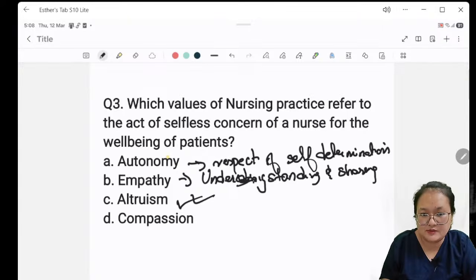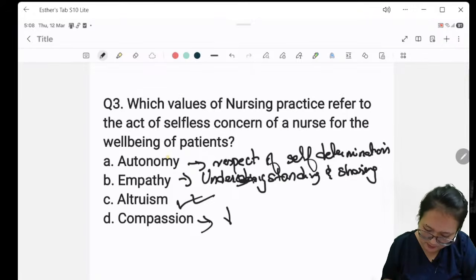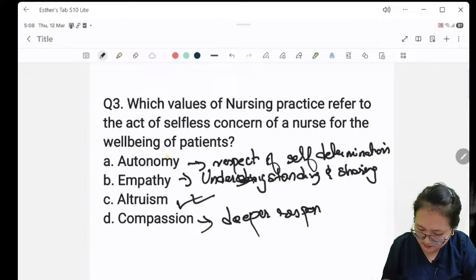And when we say compassion, it's a deeper response to the suffering of a patient, which is a combination of empathy and emotions. Then you get motivated to alleviate the pain of a patient.